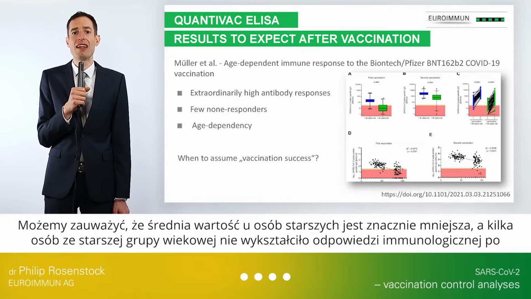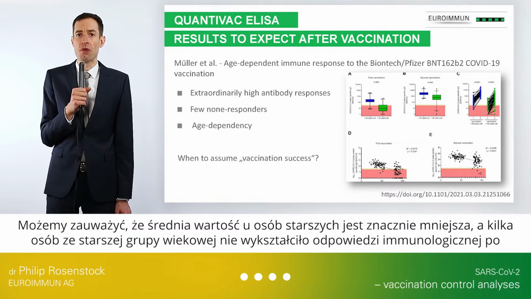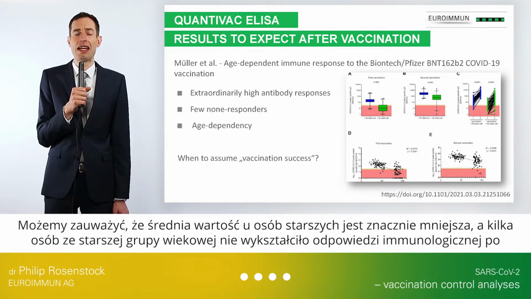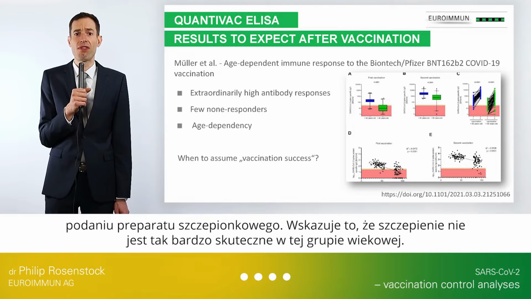What you can see is that the mean value in elderly people is much lower. And also the seroconversion is reduced in elderly people, as you can see in picture C. So there are some persons that do not develop positive antibody results, indicating that the vaccination was not sufficient in these patient groups.